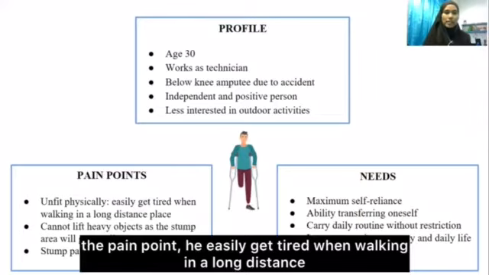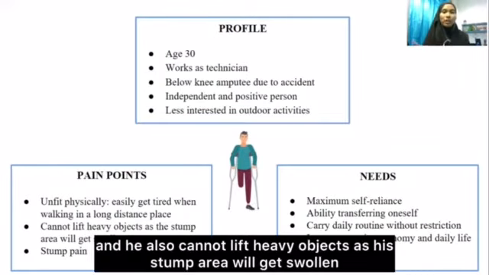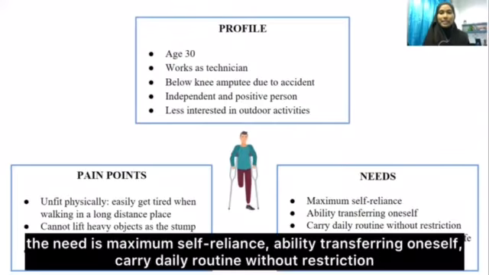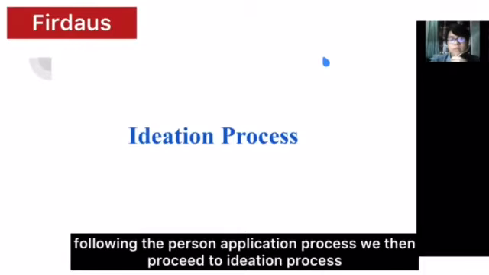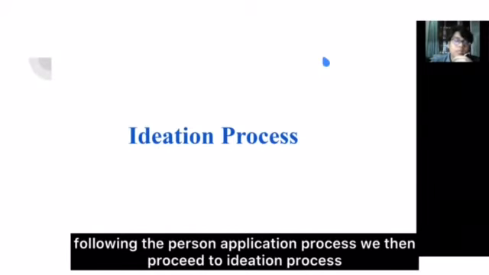The pain point: he easily gets tired when walking long distances, and he also cannot lift heavy objects as the stump area will get swollen. The next is maximum self reliance, ability to transform oneself, carry out daily routine without restriction, and improvement in autonomy and daily life activities.